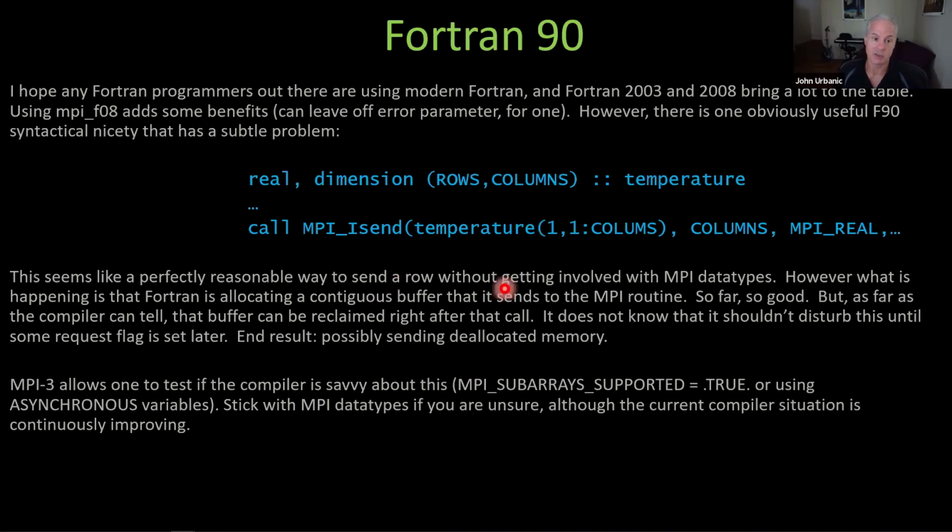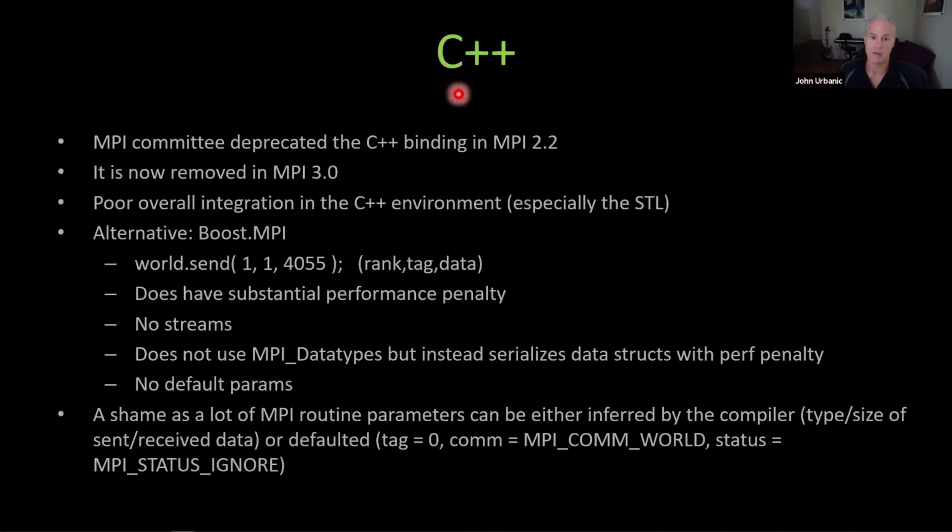And if you're unsure, then maybe use MPI data types and define the columns and rows like I showed you how to do earlier instead of using these slices. So that's one little issue to be aware of with Fortran 90. But I encourage you to take advantage of Fortran's wonderful mathematical notation. Just be aware of that issue.